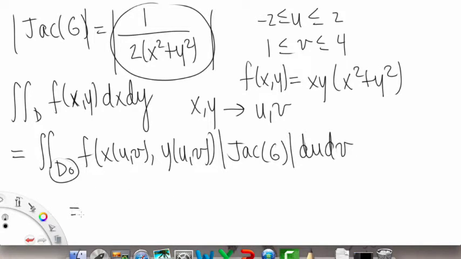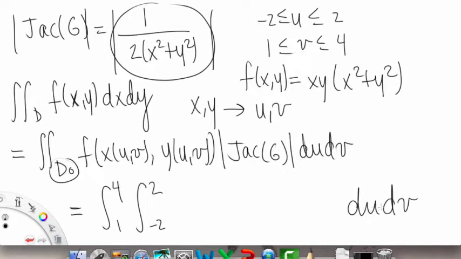I guess I'll just choose the v to be the outer, so I'll put the dv here on the outside, and then du here. I'm just going to leave this part not in terms of u and v yet, so xy times x squared plus y squared, and you'll see why.